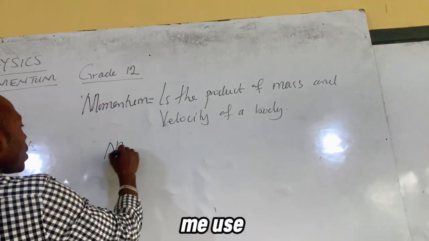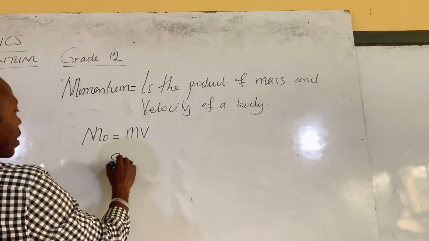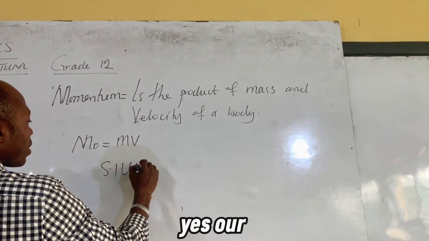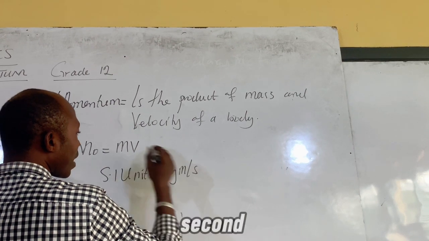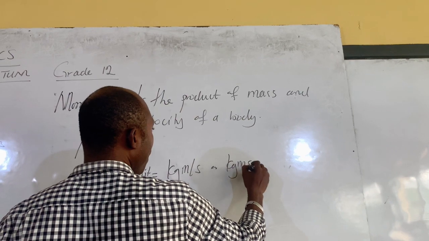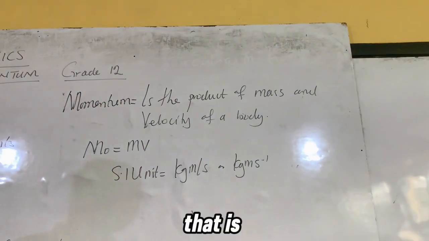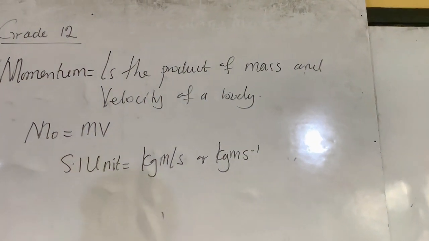And let me use M to represent mass, and this is velocity. The SI unit will be kilogram meters per second. That is for that.